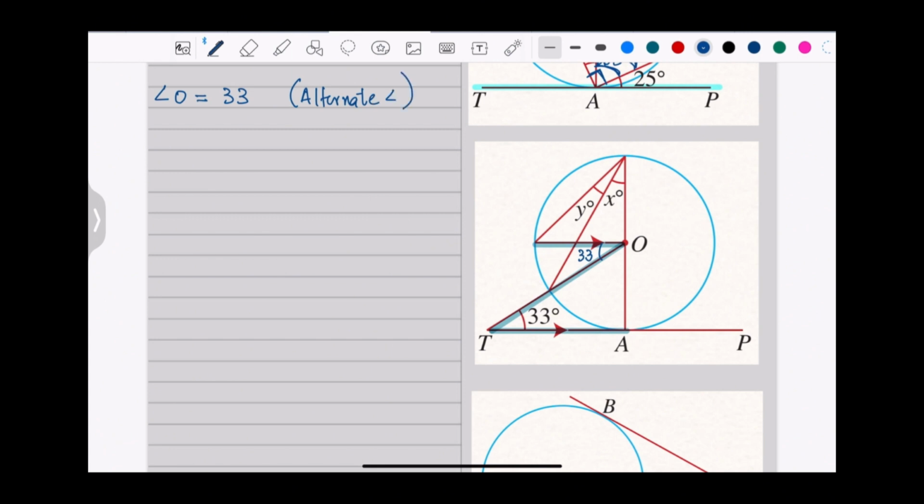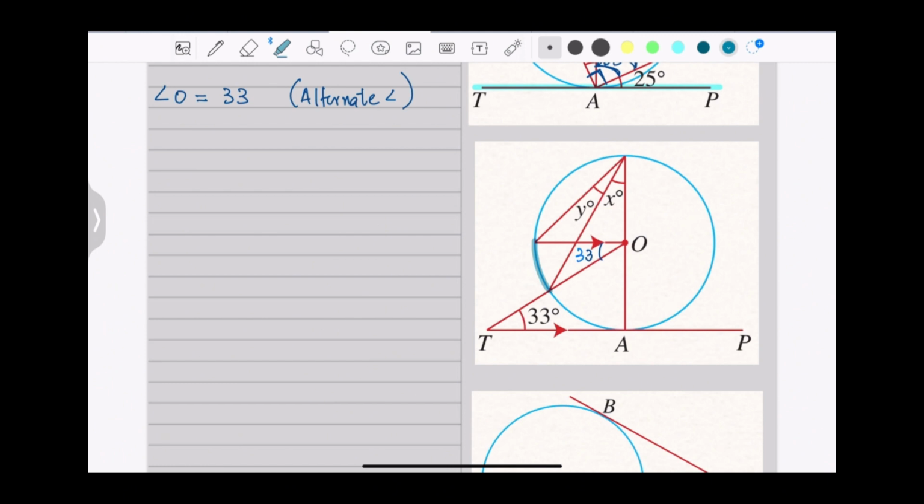Now, moving on with X. So this is 33. Now, after finding this 33, look at this arc.